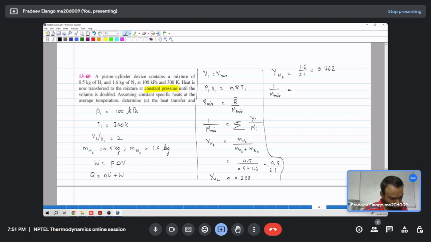1 by the molecular weight of the mixture is the summation of mass fraction over molecular weight: 0.238 divided by the molecular weight of hydrogen, that is 2, plus 0.762 divided by the molecular weight of nitrogen, that is 28. So the molecular weight of the mixture can be calculated.